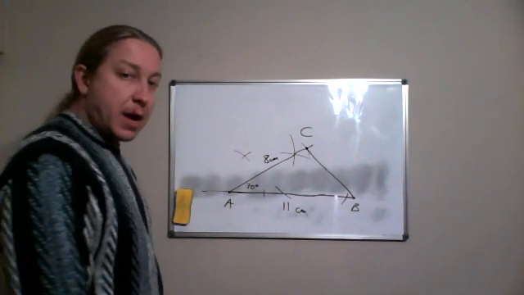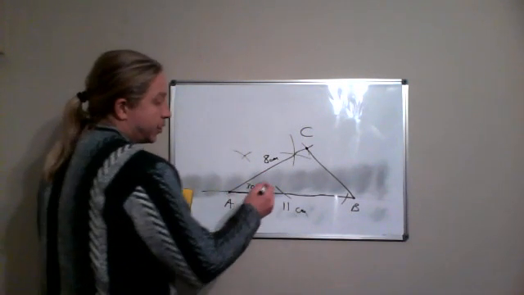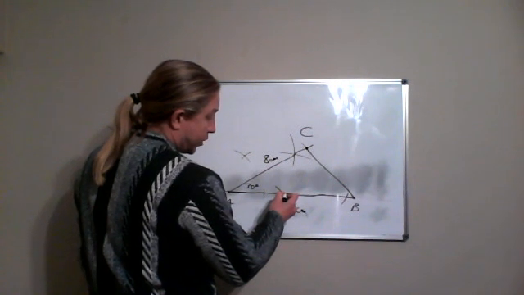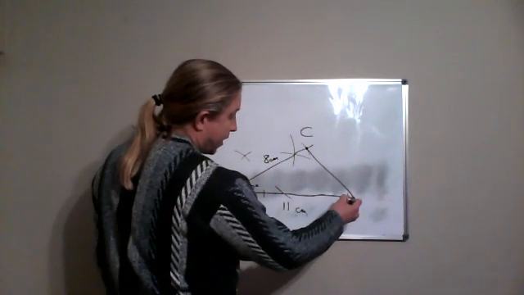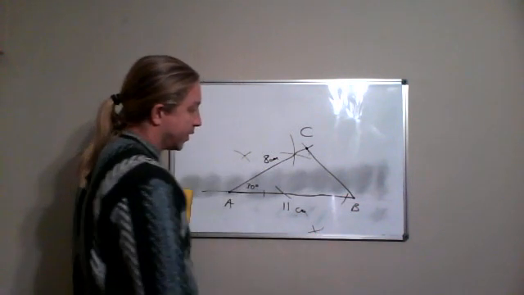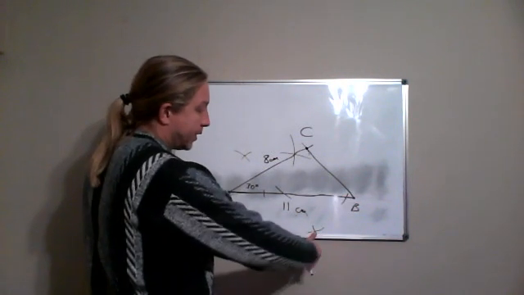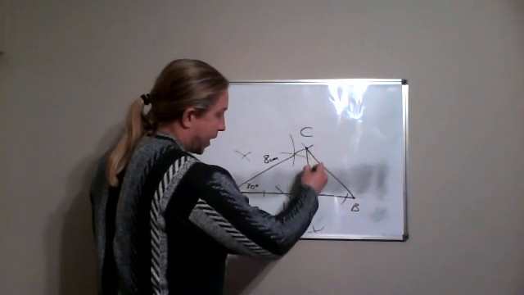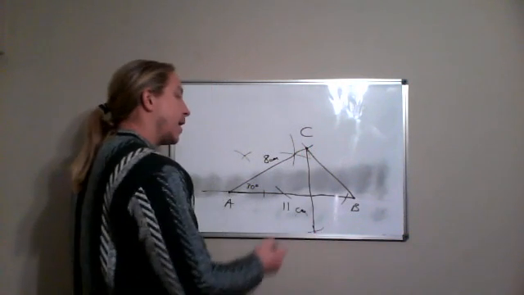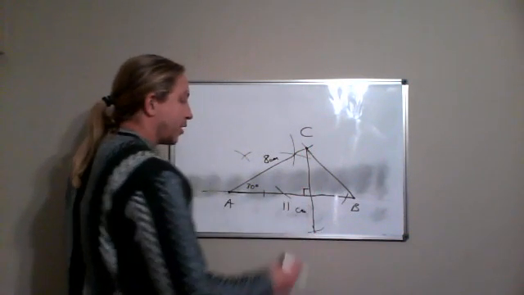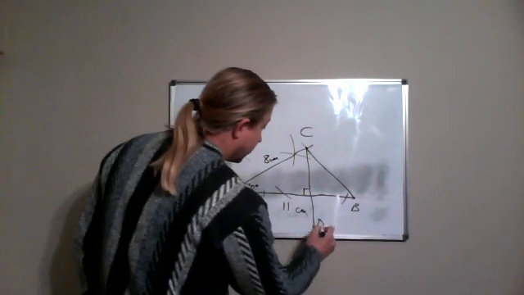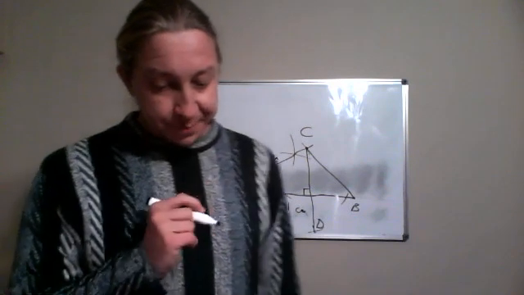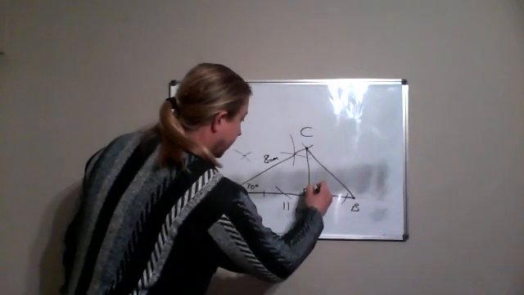Then put your compass into this point here, make a mark over there, put it into there with the same distance, make a mark there. Where these two intersect, we join that, and this gives us a 90-degree angle, and we drop it down to D. Actually, D was here.